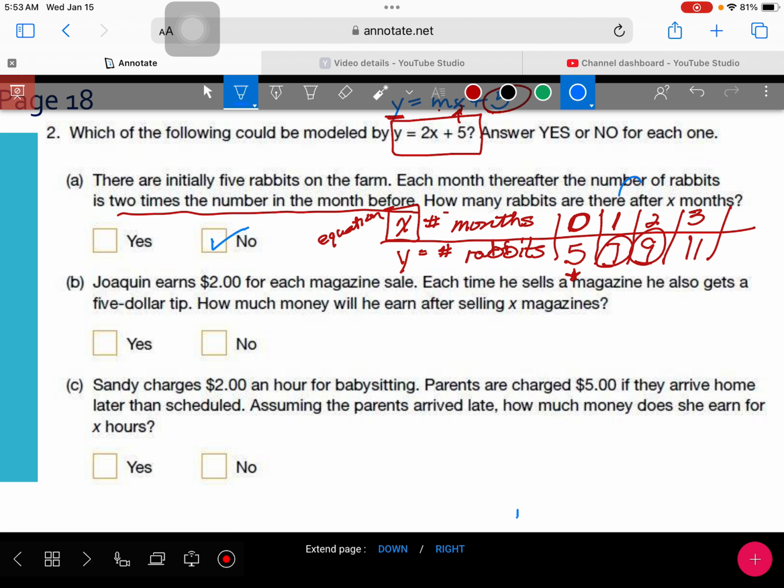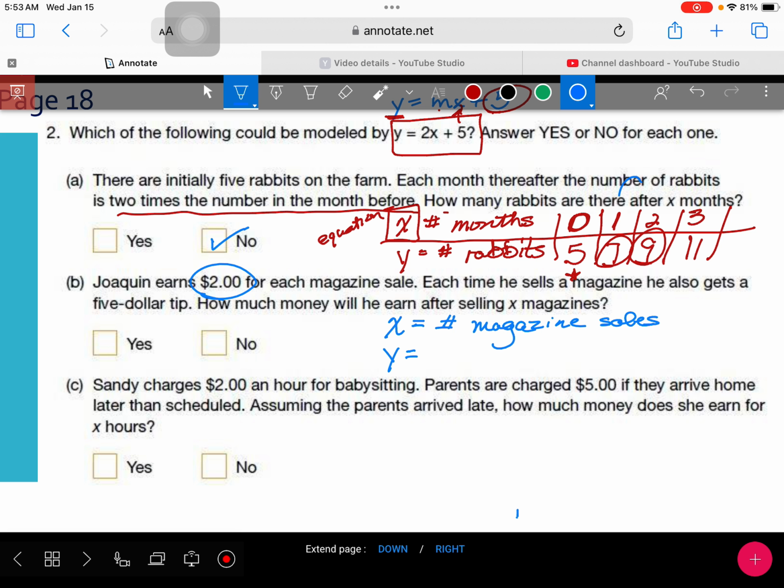Okay, X is, in this case, going to be the number of magazine sales and Y is supposed to be 2X plus 5. Okay, so let's see. $2 for each magazine sale he gets. Every time he sells a magazine, he also gets a $5 tip.